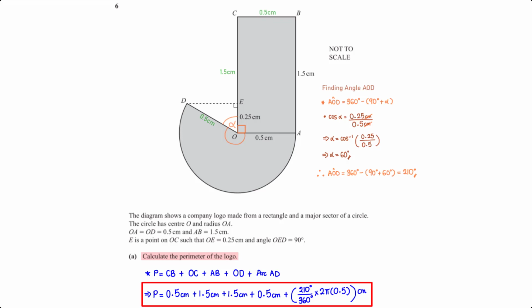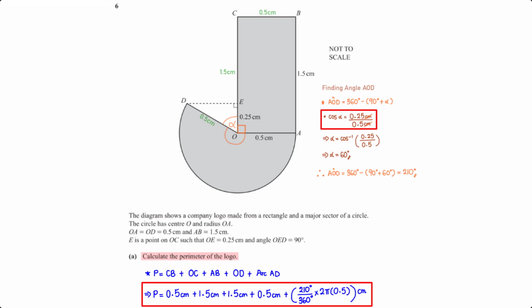Theta, which is angle AOD, has not been given, so we need to find that. Angles formed at a point add up to 360 degrees. So to get angle AOD, we subtract the sum of 90 degrees and alpha from 360 degrees. We can get alpha by applying SOHCAHTOA to the right-angled triangle ODE. This gives us cos alpha equals 0.25 centimeters over 0.5 centimeters.